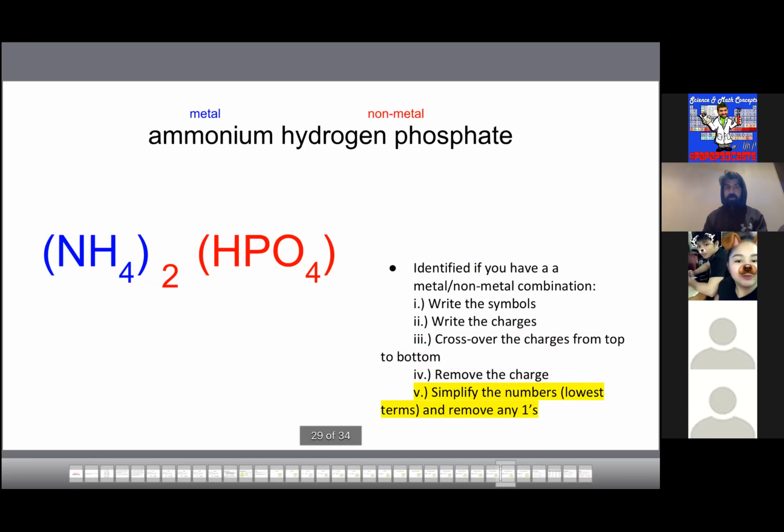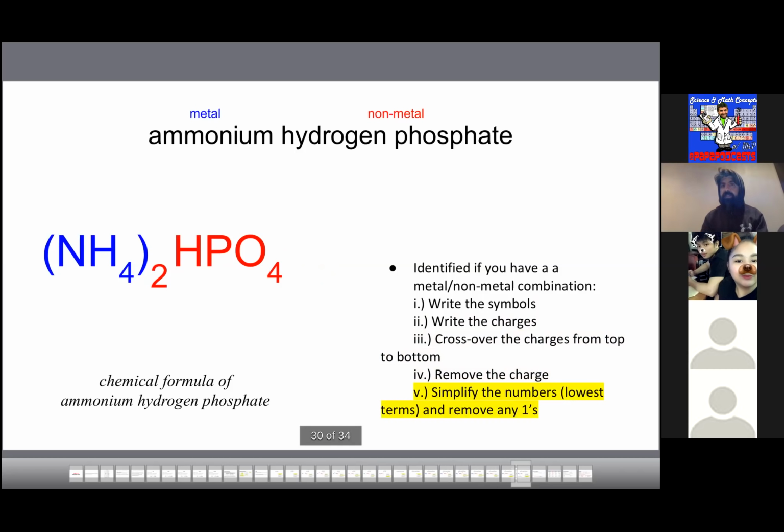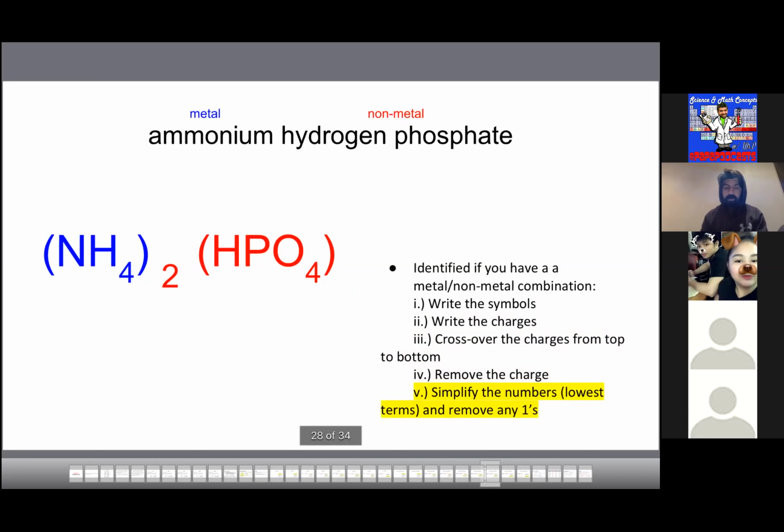So we remove the 1, and in fact, we could even remove the brackets on one of them because it was just a 1. Because we have a 1 outside of the brackets, we could actually remove the brackets at the end, when we're naming it.